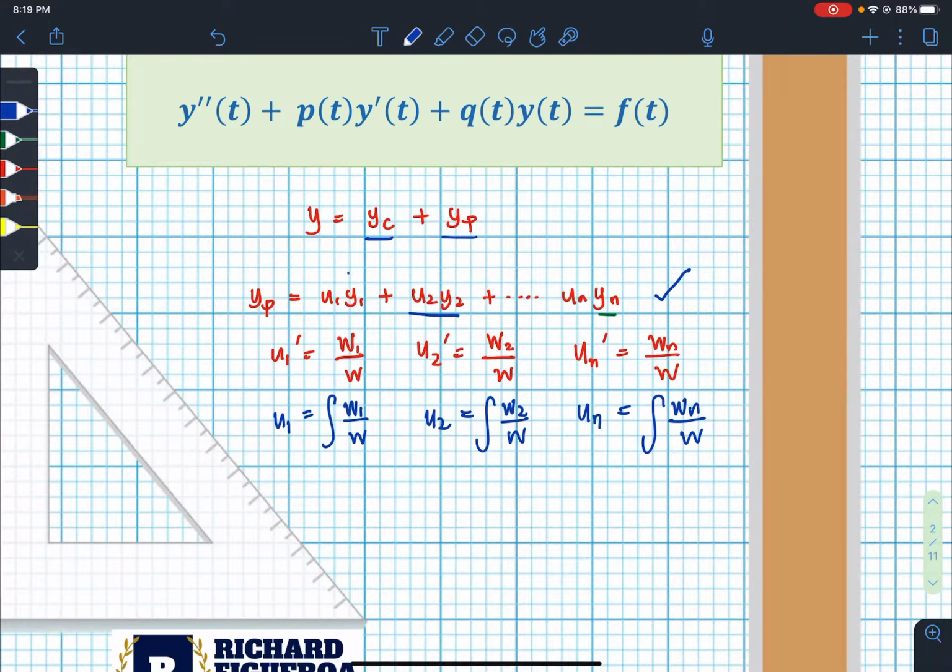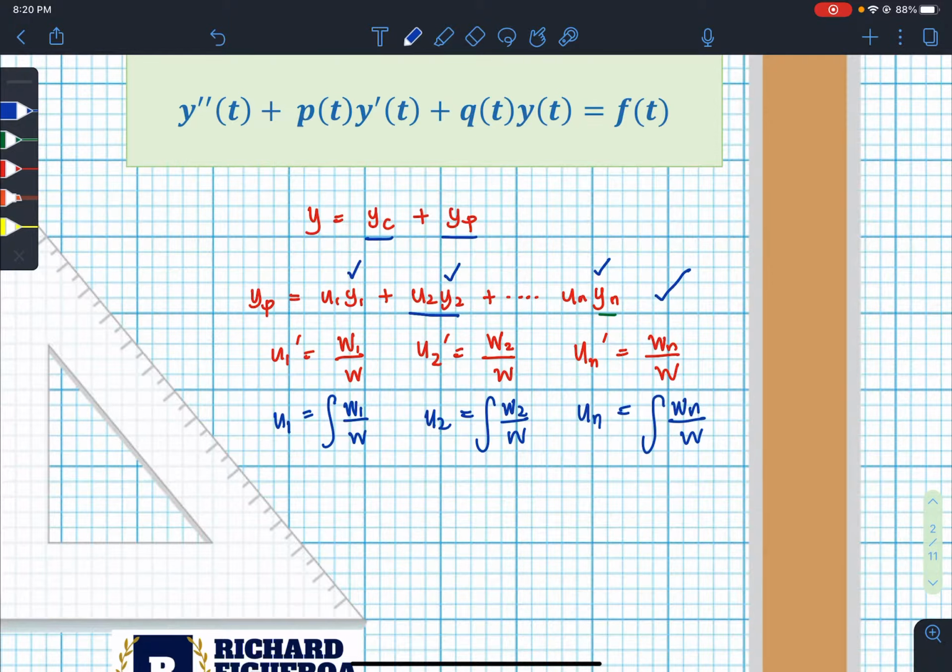The y sub 1, y sub 2, as well as the y sub n, are the solutions of the homogeneous part of the differential equation. So this one is taken from the complementary solution, y sub 1, y sub 2, and y sub n. While the variables u sub 1 up to u sub n can be taken using this formula.